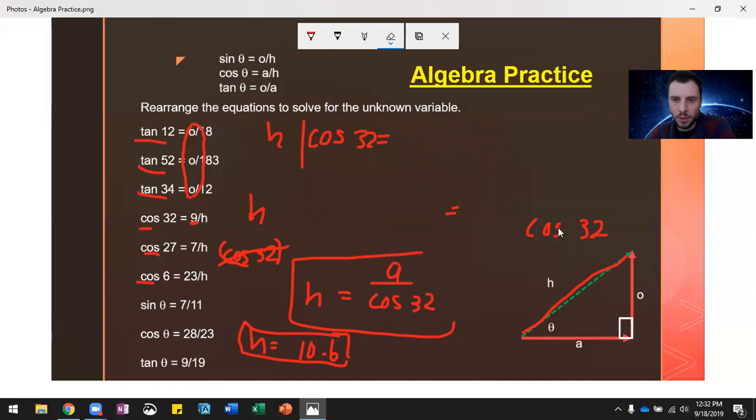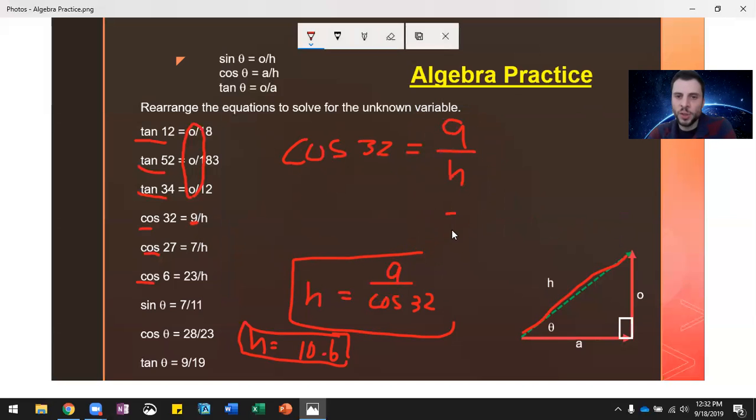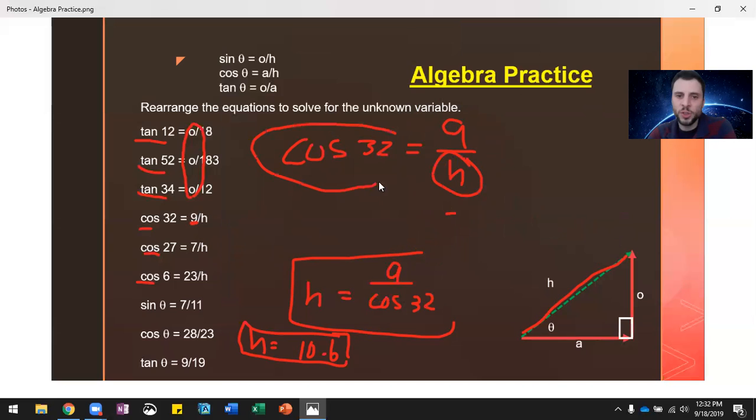Let's clean this up a little bit. We'll leave our answer right there. Our original equation was cosine 32 equals 9 over h. If we're trying to isolate h and get it by itself, we essentially just move these and switch sides.